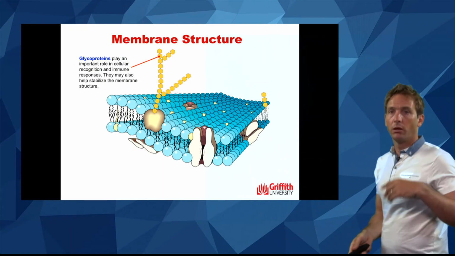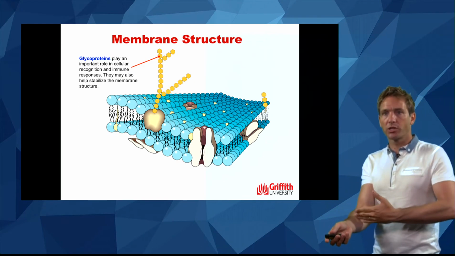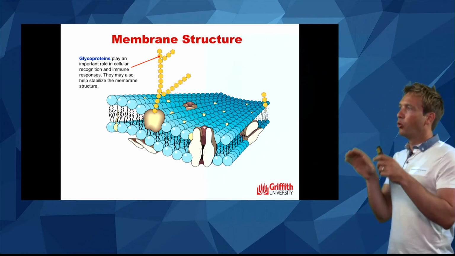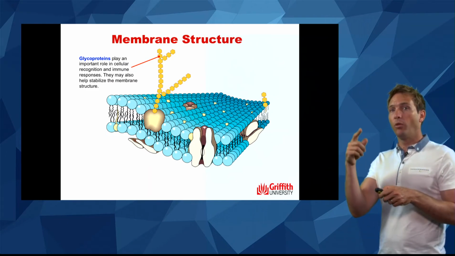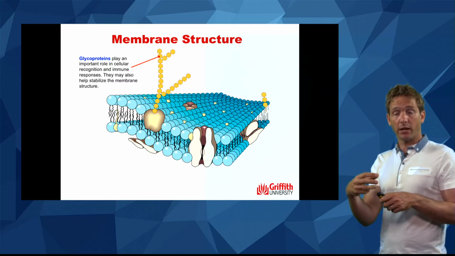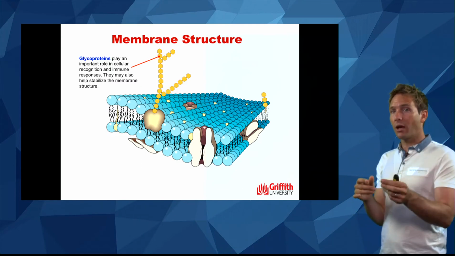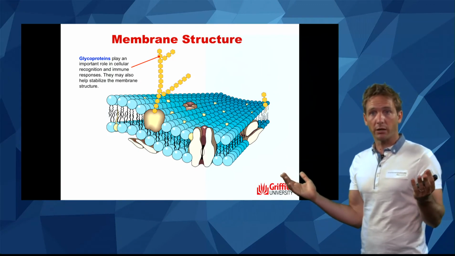So, an external cell: you've cut yourself, and external cells like bacteria have invaded your circulatory system. What your body needs to do is identify that it's bad and that it's an invader, as opposed to your cells. Now, your cells can't communicate through discussion. They can't say, oh, well, I'm part of the body.